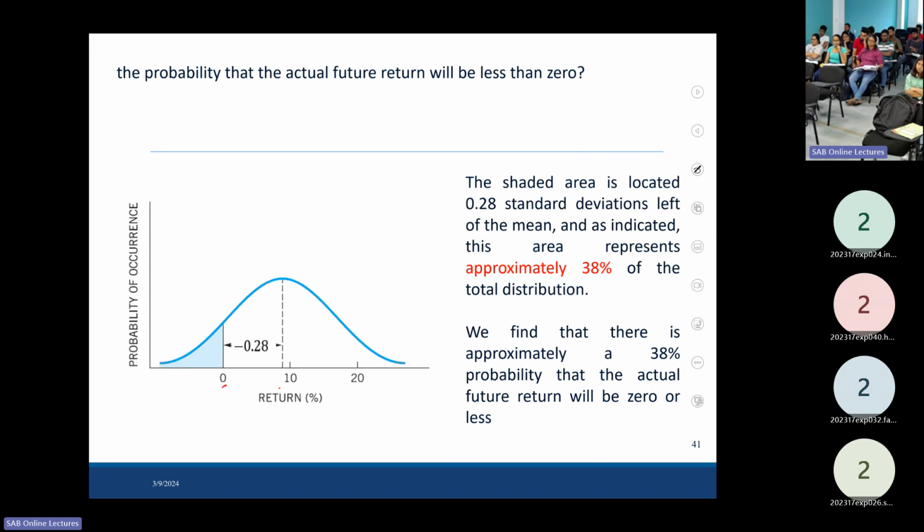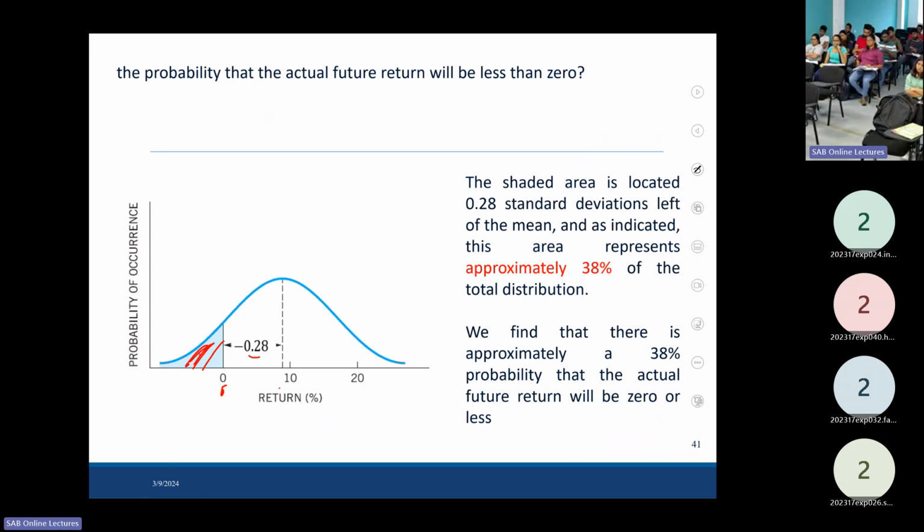That is the value corresponding to 0, which is what we find here. So the number is this many standard deviations away. Then this is the probability of your return being less than 0, the probability of going to the negative side, from the standard table.